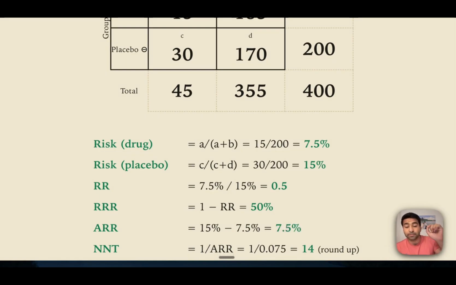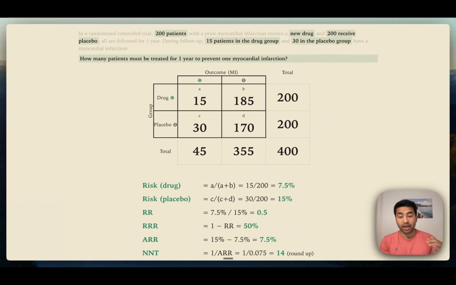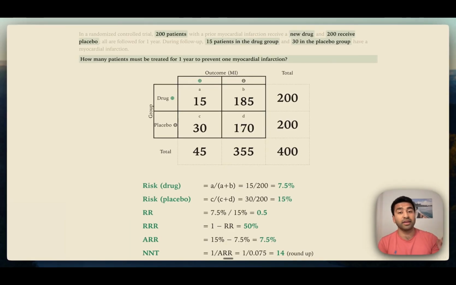If you have an 8% chance of not having an MI on this new medication, that means if we'd had 14 more people, then we would be able to prevent an MI. And this number in scientific studies is so important because it lets you know the number of people this medication will help in the future from avoiding the outcome.